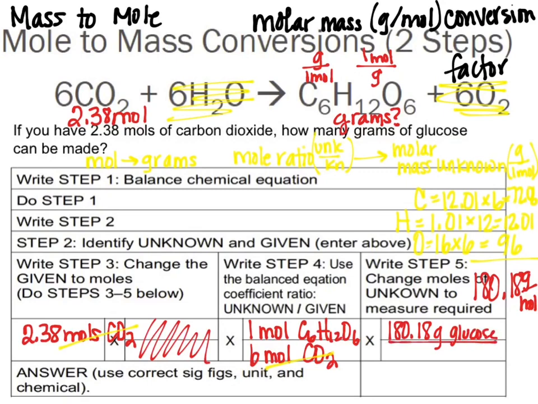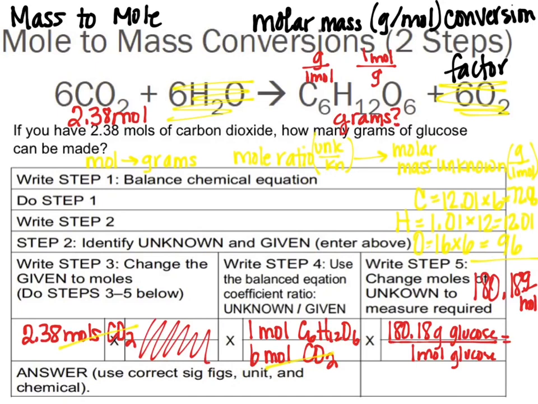And that is always over 1 mole. So don't try and put a different number here. If there's a 6 in front of glucose, don't try to put that 6 there, okay? It's always in 1 mole. The only time moles should have a number in front of it is during the mole ratio.